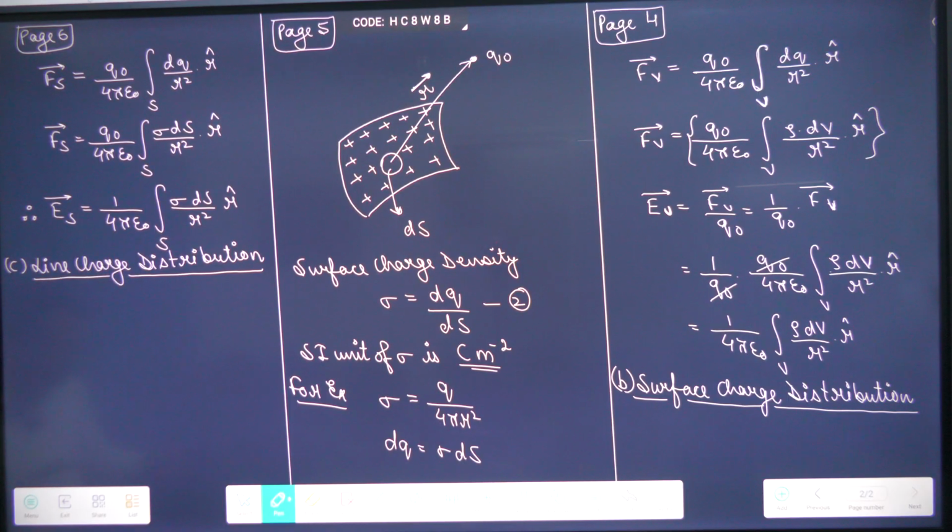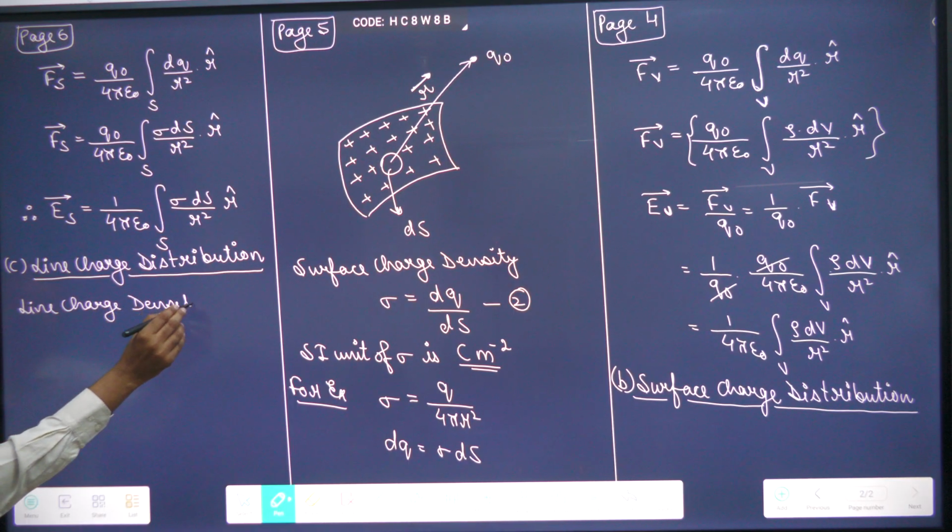It is a charge distribution along a one-dimensional curve or line L in space, as shown. We define the line charge density at any point on this line as the charge per unit length of the line at that point. Like we have defined the surface charge density as sigma, sigma equal to dq upon ds, in the same way we define line charge density, denoted by lambda.